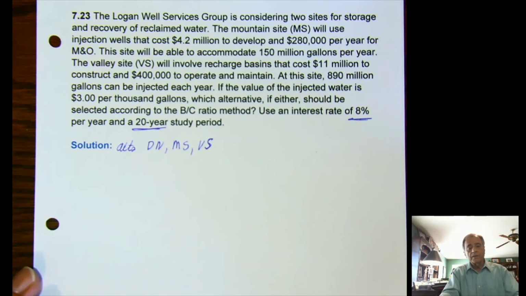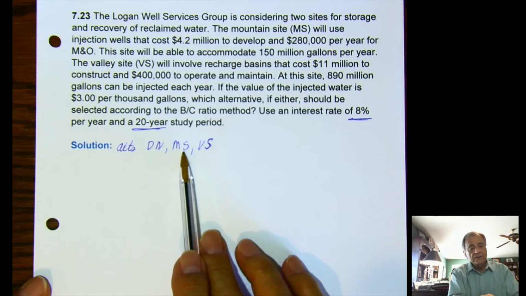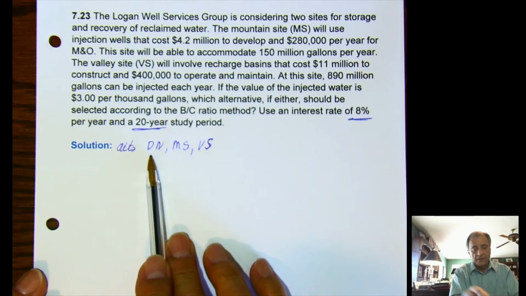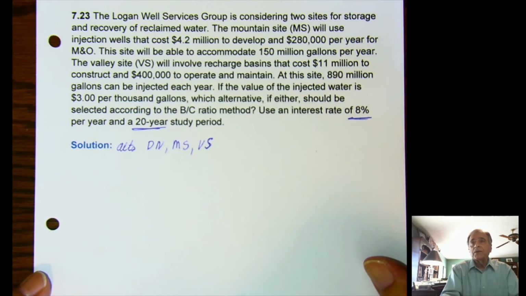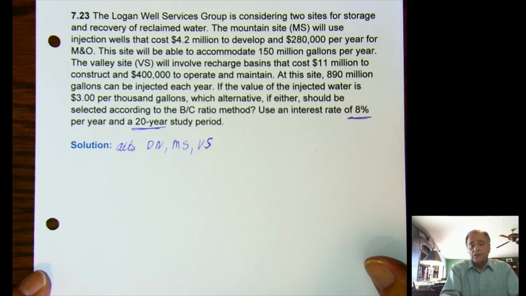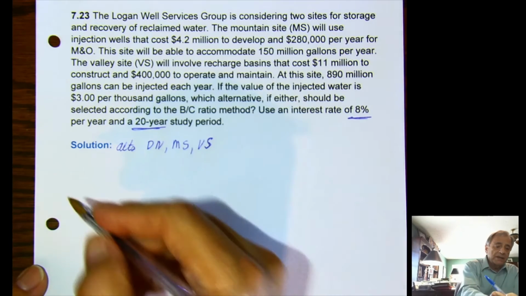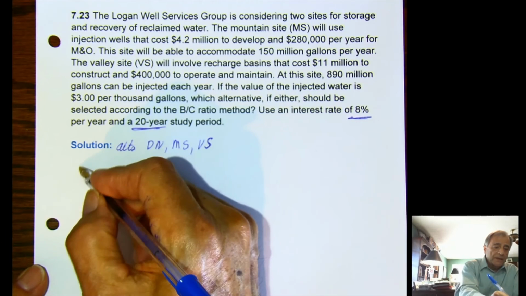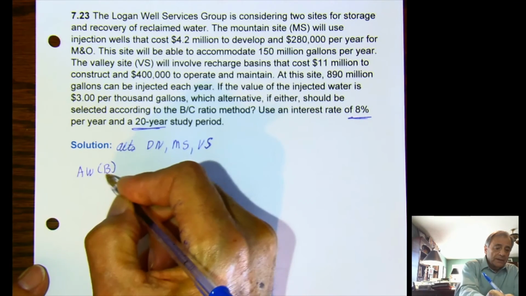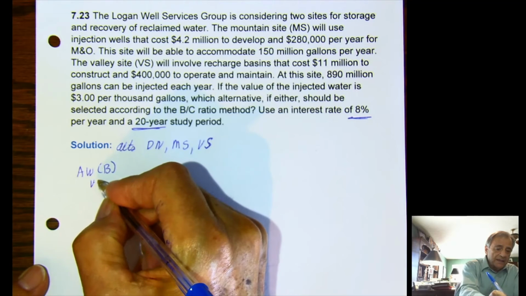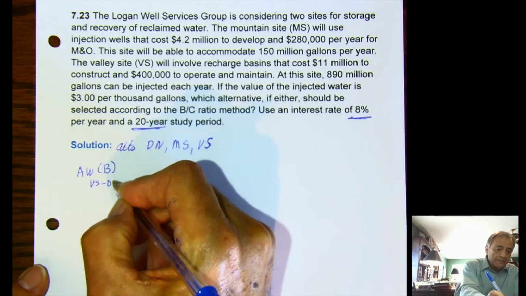So we're going to compare the mountain site with the do nothing site. Of course, do nothing is just all zero, so we're really just going to look at the mountain site and see if its benefit cost ratio is greater than 1. So let's go to the benefits first of all. The annual worth of the benefits of the Valley site minus do nothing.